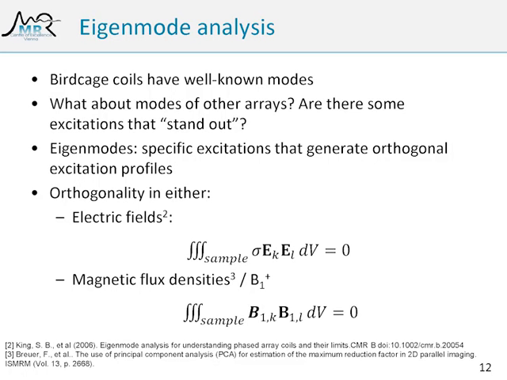You can, for example, say that the integral of the electric fields, so you've got electric fields from one mode of excitation and electric fields from another mode of excitation, you can say they are orthogonal if this integral is 0. And you can do the same thing for the B1 field as well over the sample.